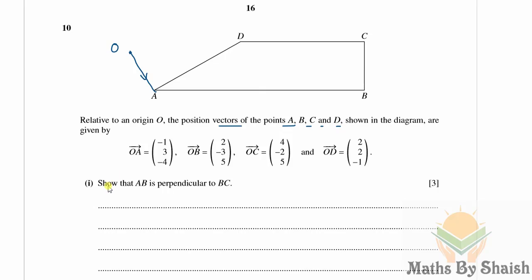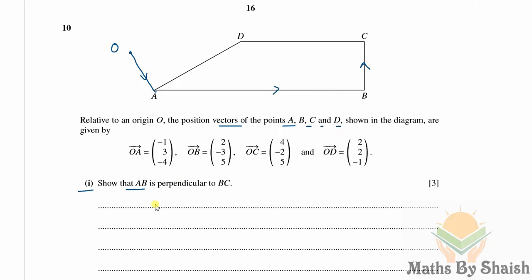We need to show that AB is perpendicular to BC, so we need to find the vector AB, and then the vector BC, and we'll do their dot product. If the dot product is 0, it means the vectors are perpendicular to each other.